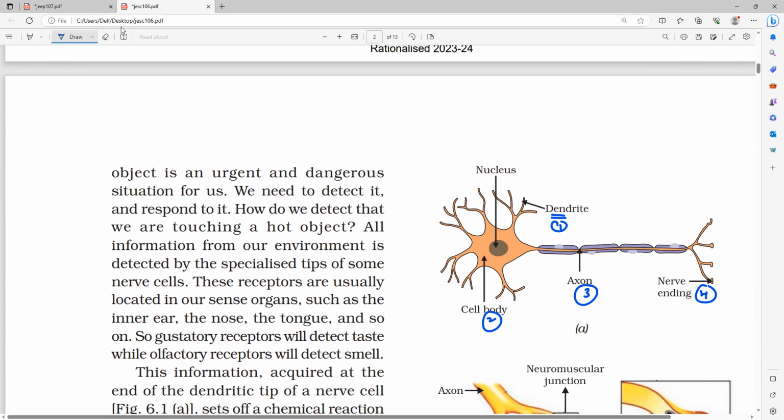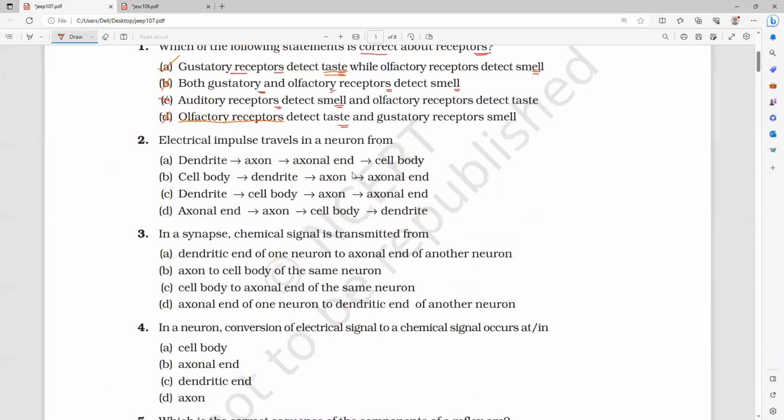So now see the order and tell me. Electrical impulse travels in a neuron from dendrites, axon, axonal end, and cell body. So the first one is dendrites. The second one is cell body.